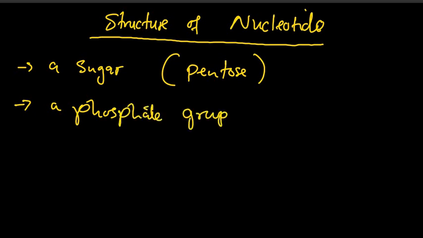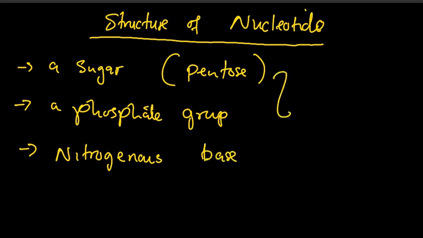Last but not least, we are going to have a nitrogenous base. This is a must. These are the three components of a nucleotide. It's called a nucleotide if it contains these three things.